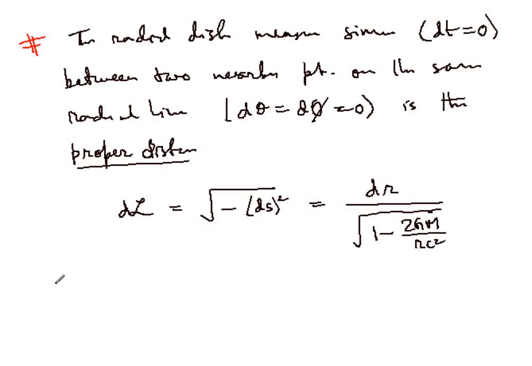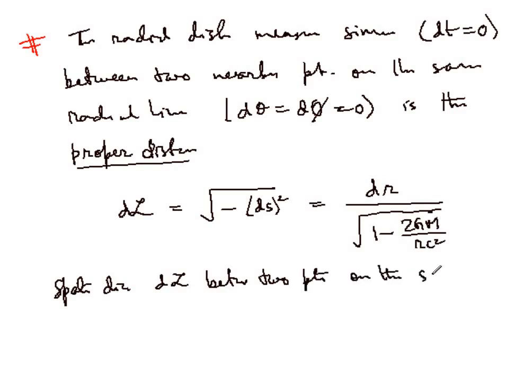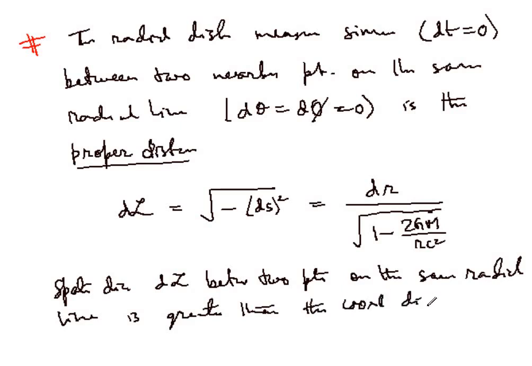What we see is that the spatial distance dl between 2 points on the same radial line is greater than the coordinate difference or coordinate distance dr. You can see from here this factor is less than 1, and so this means dl is greater than dr.